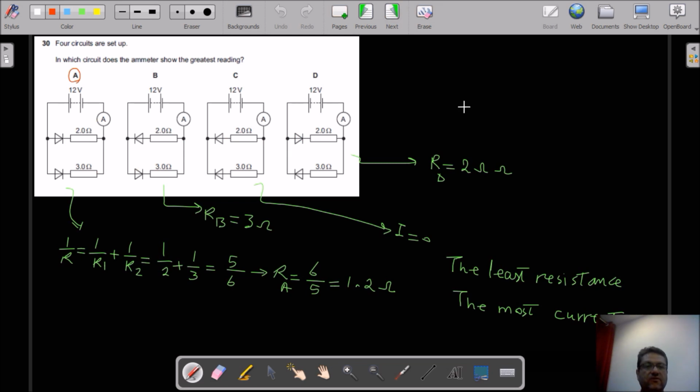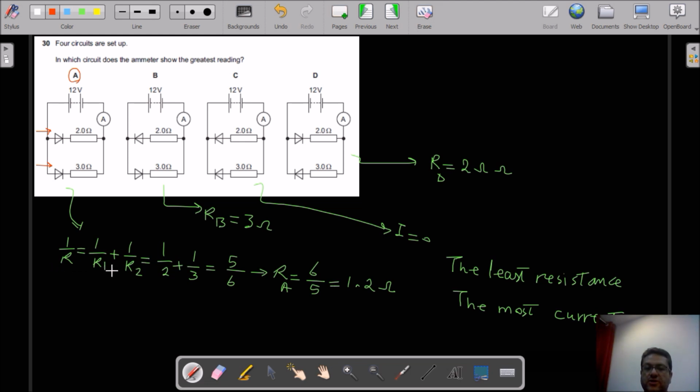Question 30. 4 circuits are set up. In which circuit does the ammeter show the greatest reading? Okay. First of all, we should calculate total resistance of each circuit. So for A, because these are two parallel and current can pass from this diode and also this diode, that's why we have to find total resistance.